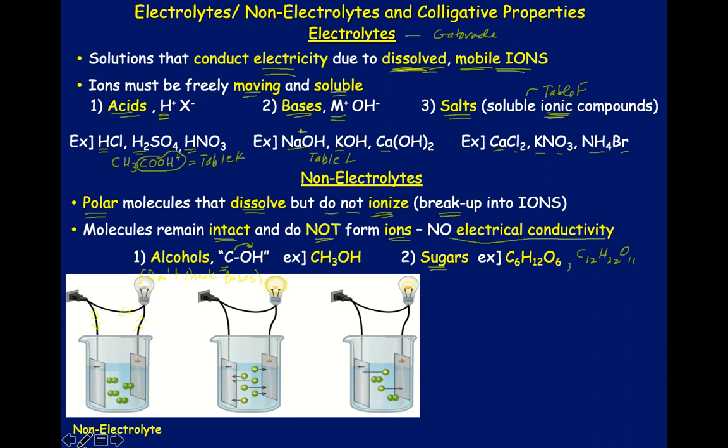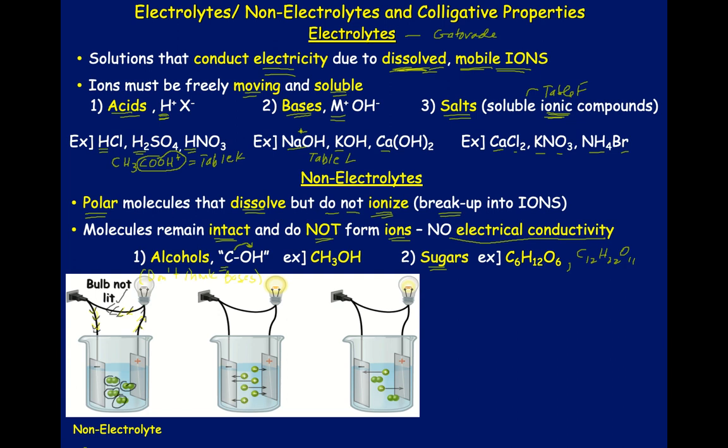In a non-electrolyte solution there are no ions, just intact molecules, and these molecules are not attracted to either plate that would allow you to conduct the current. So you do not light the light bulb in this case.